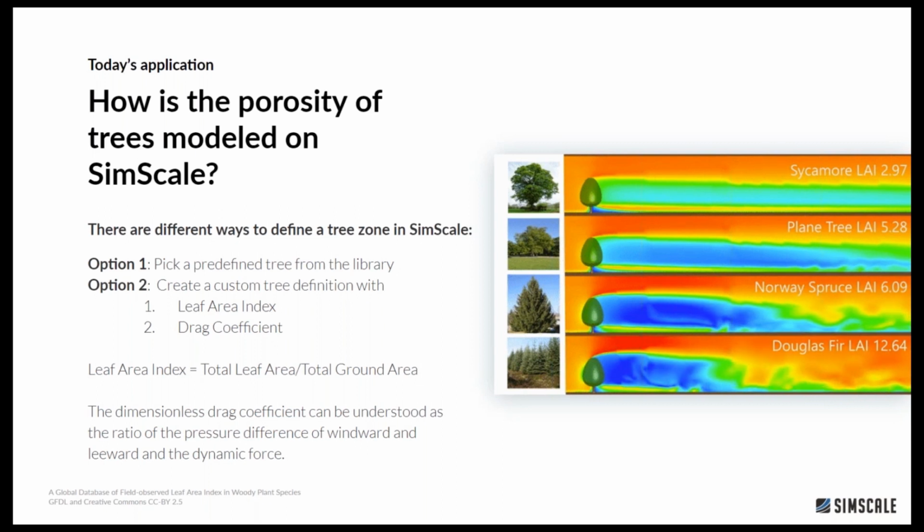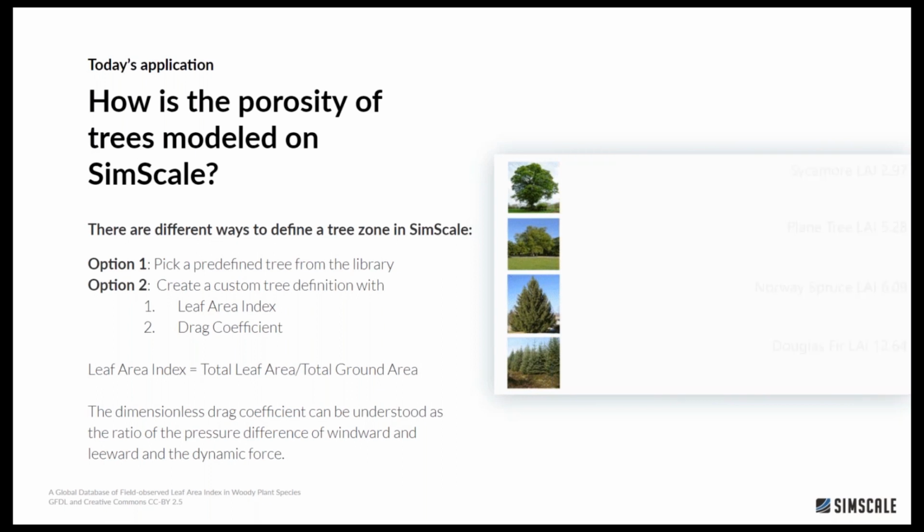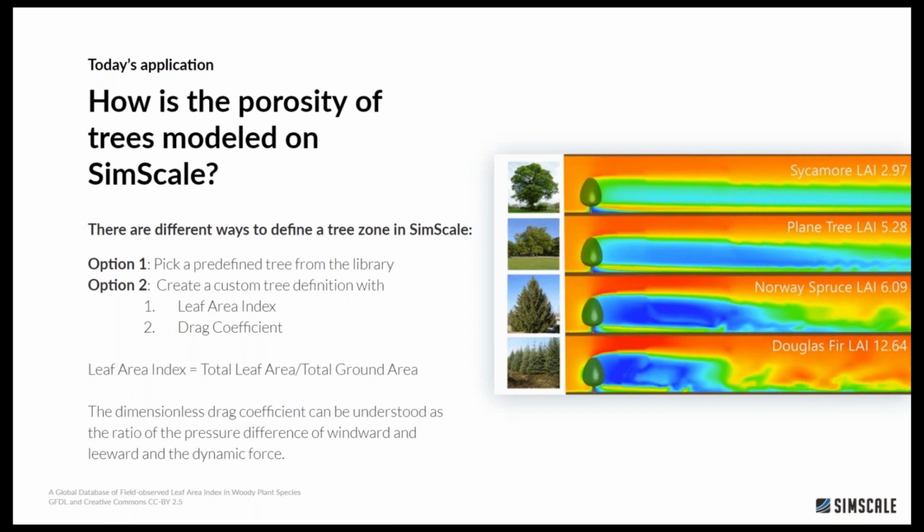in the follow-up email that there are databases where you can find the leaf area index that defines the different types of trees. These are commonly available, but obviously what we did at SimScale is that we've predefined a couple of tree types, and we offered pre-selected, or like a small library of trees.